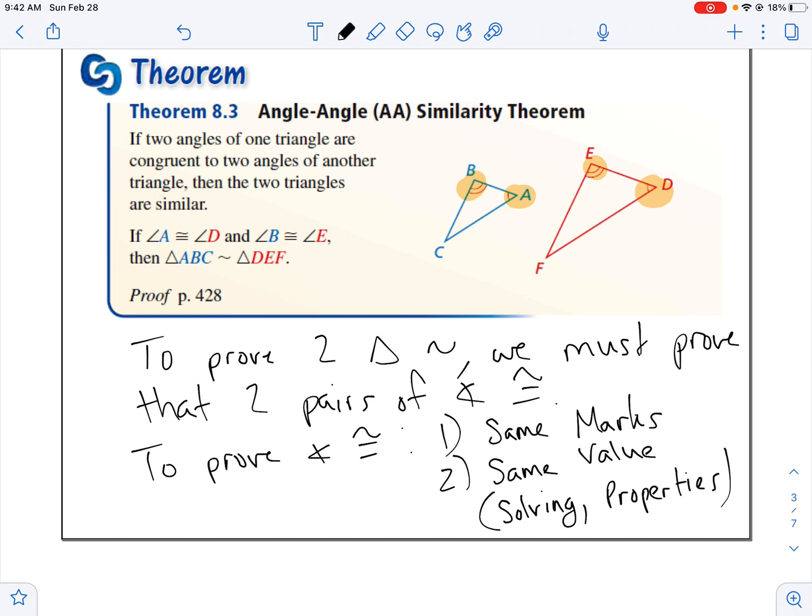And those properties are what we looked at: corresponding, alternate interior, and vertical angles. So, if we can prove two pairs of angles are congruent, we can prove that the two triangles are similar.